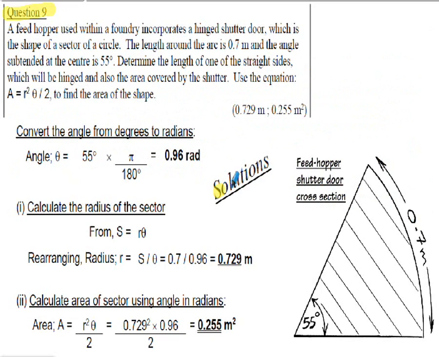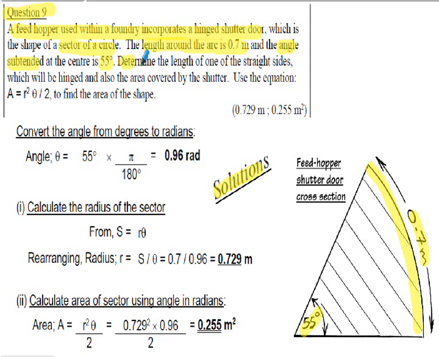Question 9, solution. We're given the feed hopper within a foundry incorporates a hinged shuttered door, which is the shape of a sector of a circle, shown in the sketch below. The length around the arc is 0.7 meters, so that's the arc length shown here, 0.7 meters, and the angle subtended is 55 degrees, that's shown here.